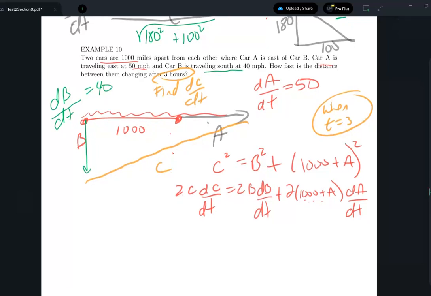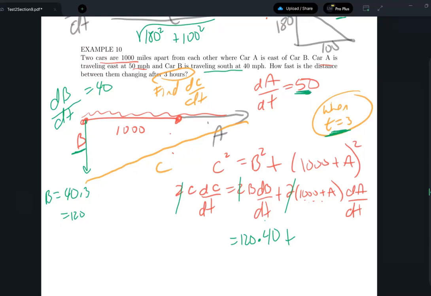So first off, let's get rid of those 2's. Okay, t is 3. So if t is 3, and I'm looking at b here, b will be 40 times 3, so that's 120. So I get 120 times the rate of 40 plus, okay, let's look at what we've got here.